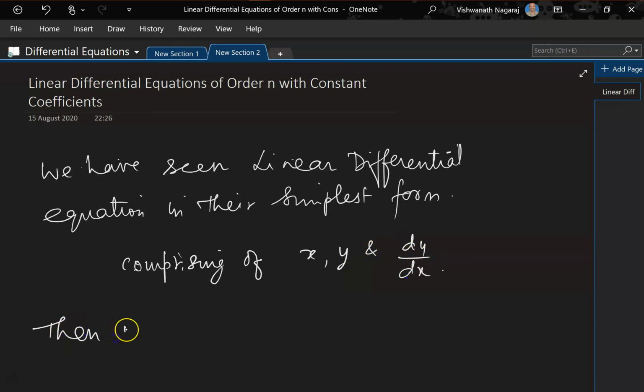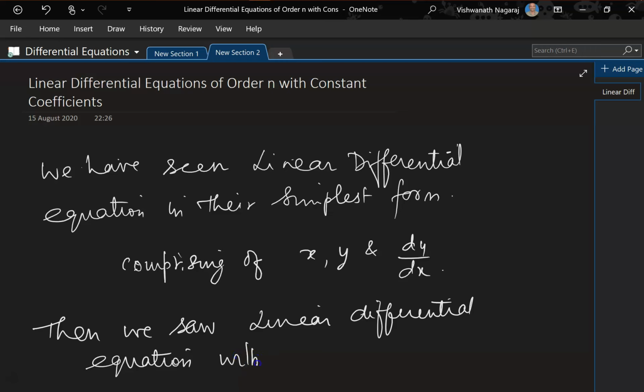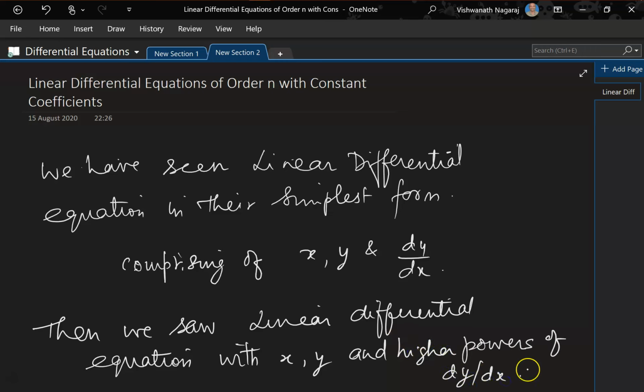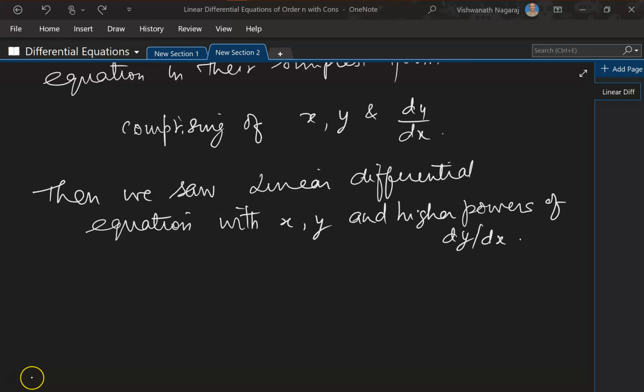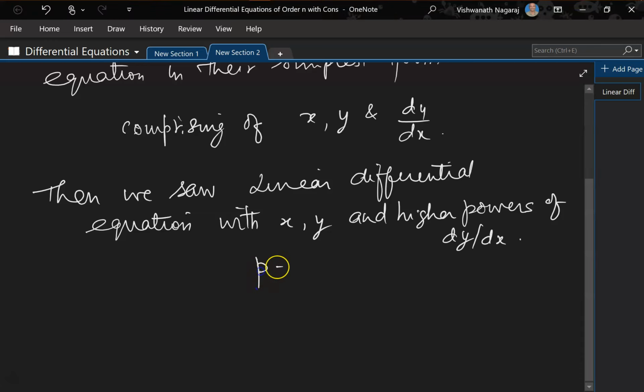Then we saw linear differential equations with x, y and higher powers of dy by dx, that is dy by dx square, dy by dx cube and so on. And if you remember, we said since repetitively we might have to write dy by dx, let p is equal to dy by dx.